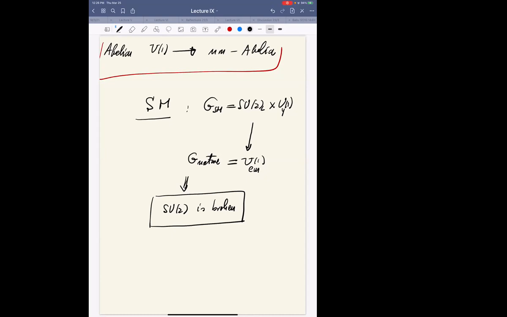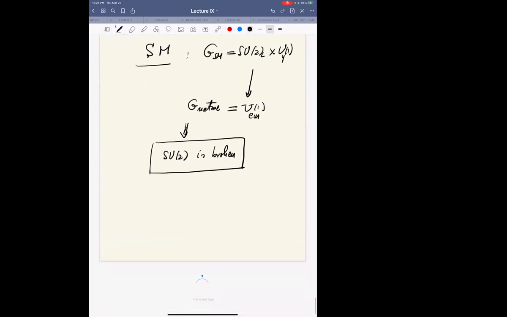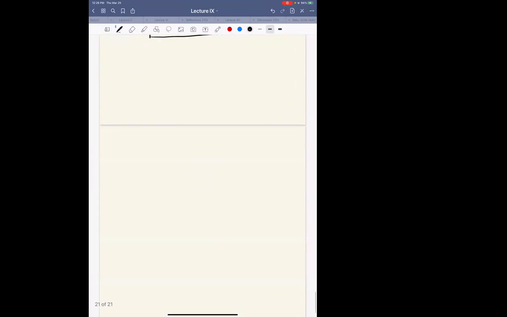There are speculations of having extra U1 symmetries, but we don't have any evidence in nature. So what you and I have to do is to study the SU2 gauge theory. Let's not do SU2 cross U1. I even tried to teach you the standard model starting with SU2 first. You always do the minimal thing. SU2 gauge here.